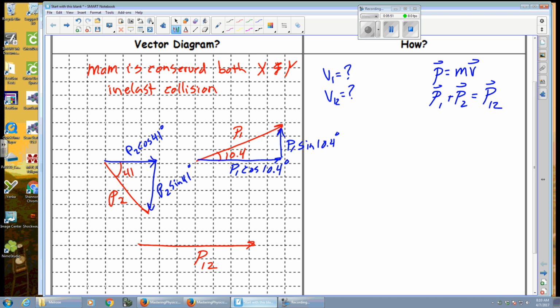Good. So let's deal with the y direction first. We're working off the premise that if I add up 1 in the y plus 2 in the y, I'm going to end up with P12 in the y direction. Conservation of momentum.